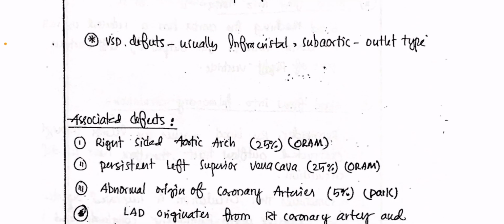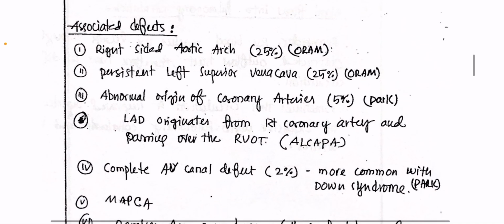VSD defects are usually infracristal, subaortic outlet type. Now, what are the associated defects with TOF? They are right-sided aortic arch 25%, persistent left superior vena cava 25%, abnormal origin of coronary arteries 5%, LAD originating from right coronary artery and passing over the RVOT.